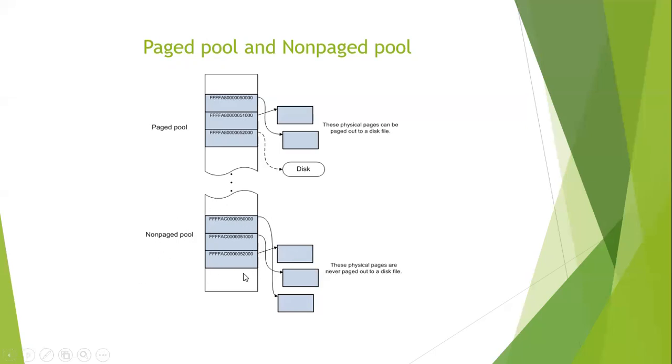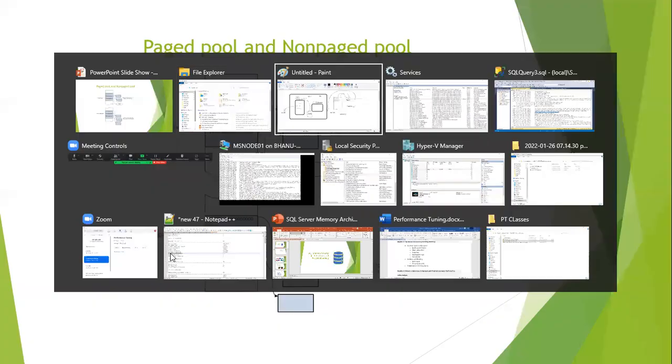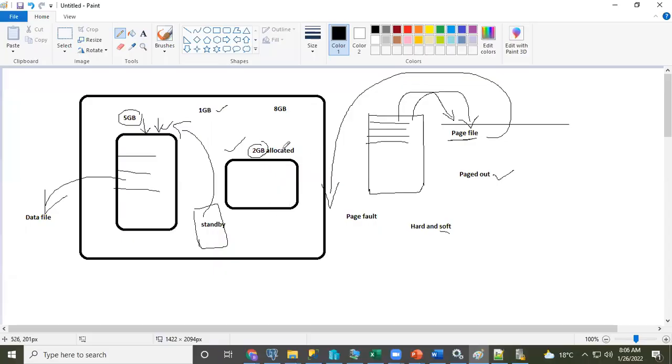The other area we have is called non-paged pool, right? We don't want the pages in the memory to be flushed or removed. This is especially for SQL Server. Let's consider there is memory pressure. Here we have two applications. One you can consider anything like Notepad++ or Notepad or any other application.